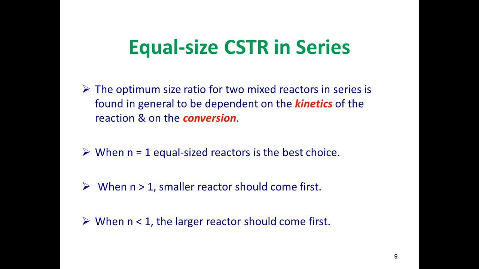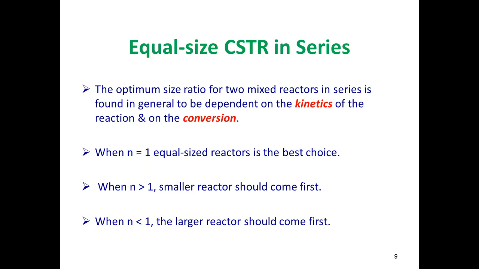So that is why it's ratio. So it's an optimum size ratio. So there's no need for us to determine this when we talk about first order reactions. So N is equal to 1. And you have equal sized reactors. So it is suggested that you will use equal sized reactors when N is equal to 1.